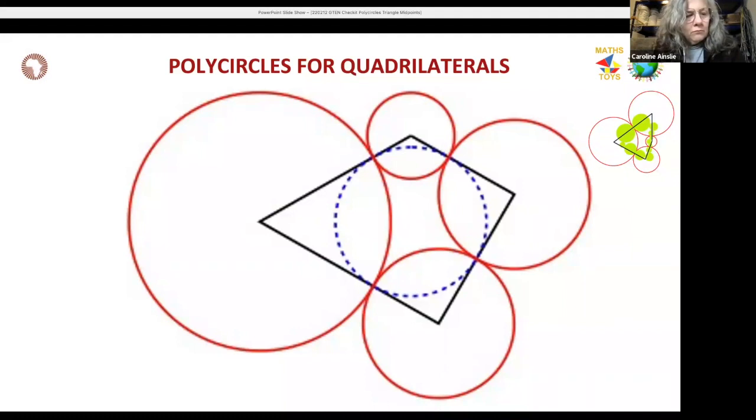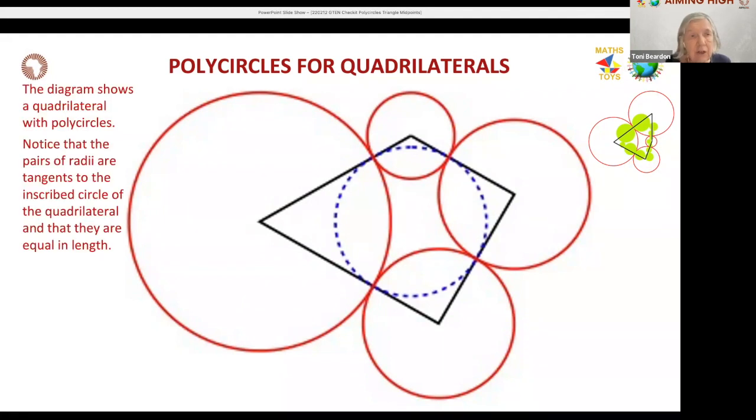Now the big picture shows you 4 red circles. So we're looking at a quadrilateral now. You see that in black. Your quadrilateral has its vertices at the centers, and you can see that all the red circles touch each other.